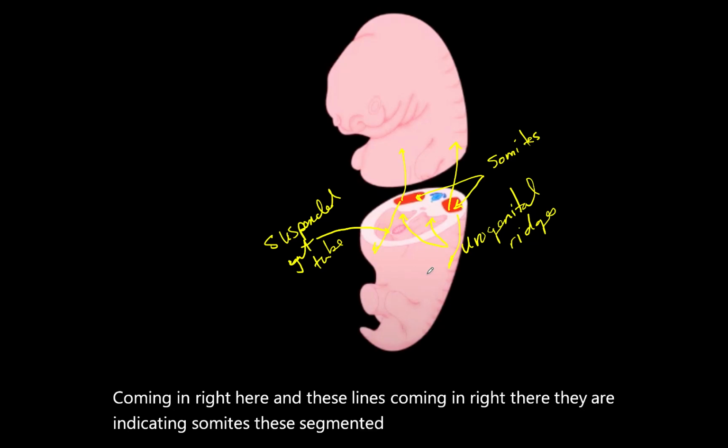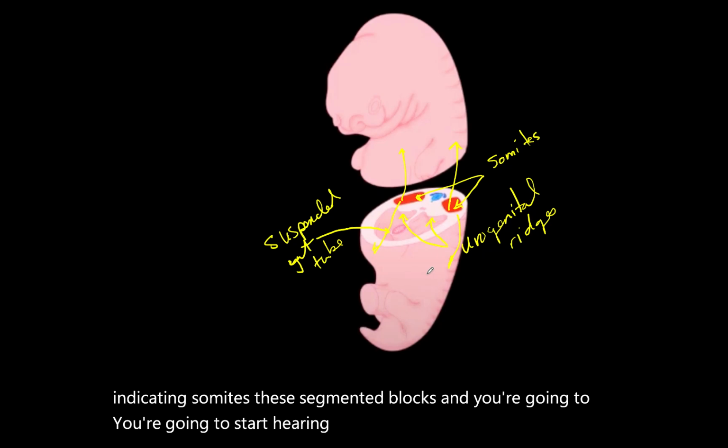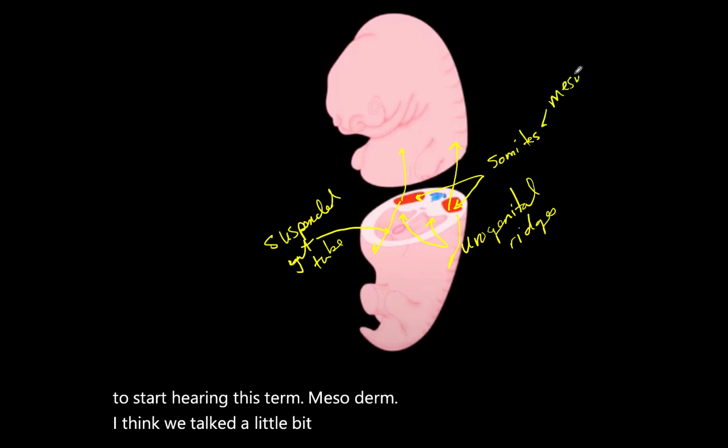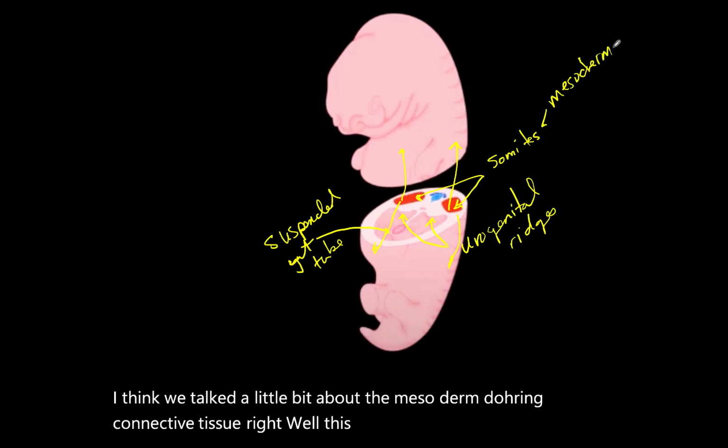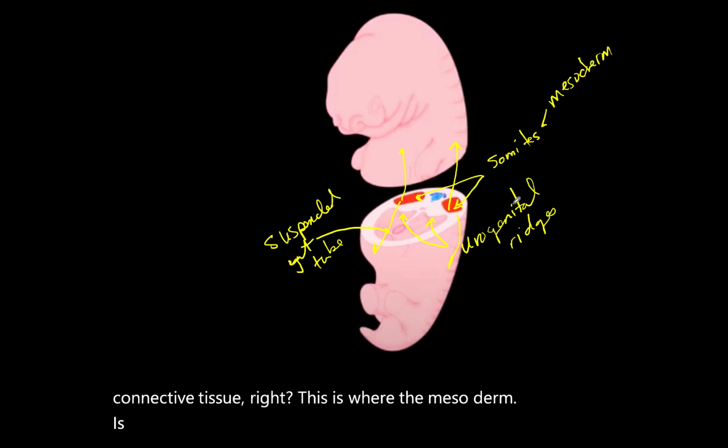And you're going to start hearing this term mesoderm. We talked a little bit about the mesoderm during connective tissue. Well, this is where the mesoderm is generated from within these somites.